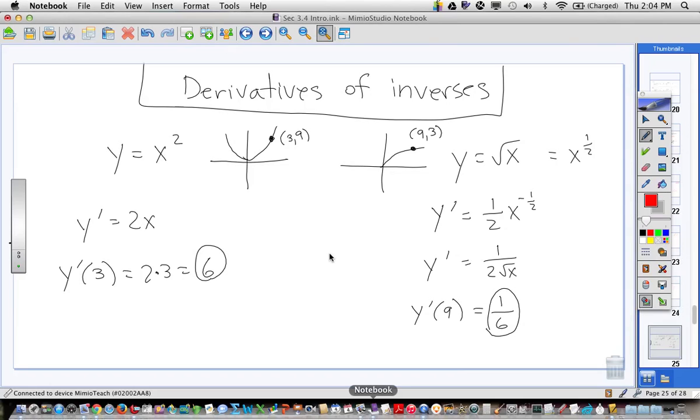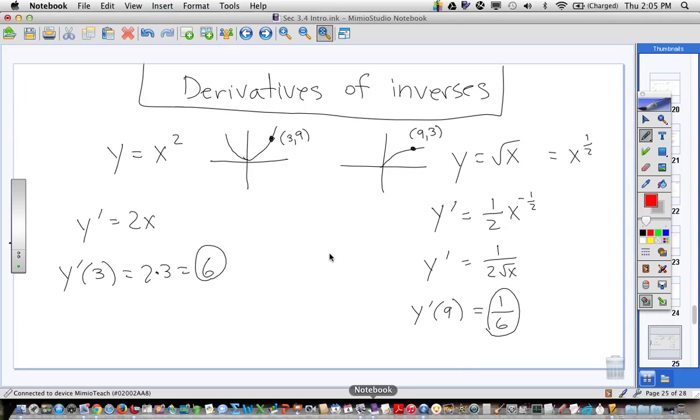No. The reciprocal. So here's what you could write down. The derivative of inverses is the reciprocal at the interchanged points.